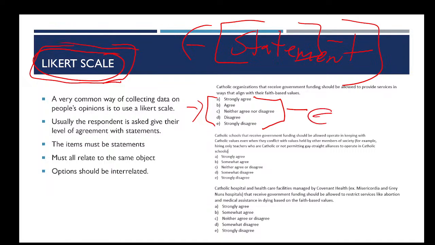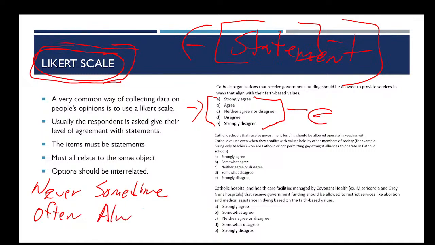I think I was looking at one yesterday. We're using a scale. It was like never, sometimes, often, always. Which again, similar kind of thing.